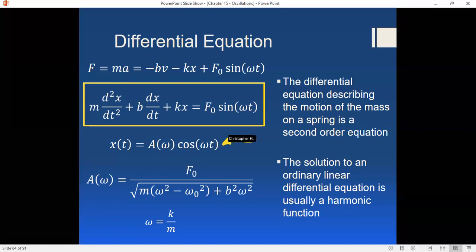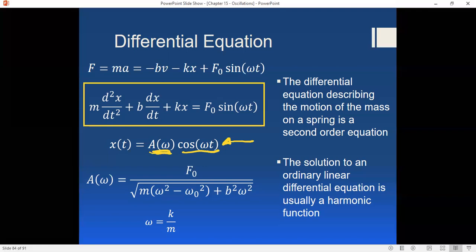Okay, now it looks very much like simple harmonic motion. Got this cosine omega t, but we have this new function which is frequency dependent, and what this is going to do is essentially give us an amplitude.